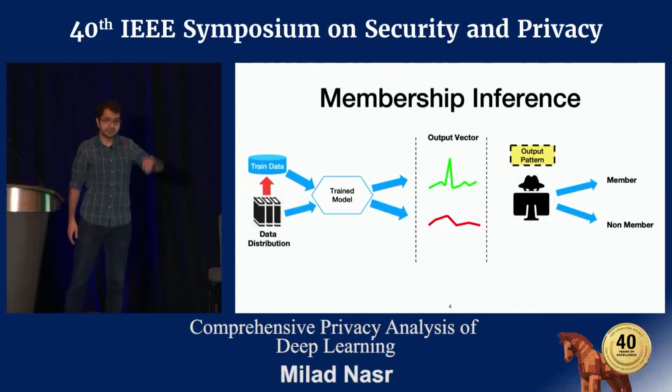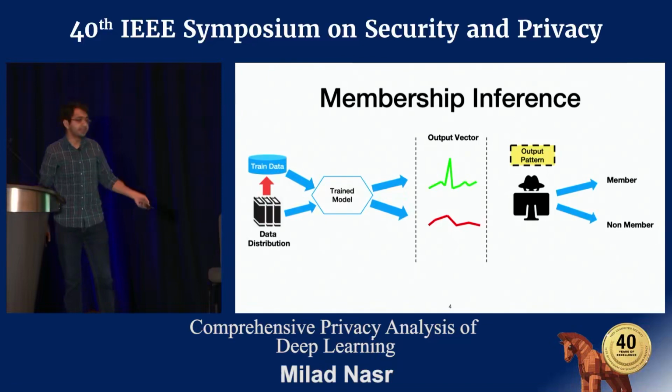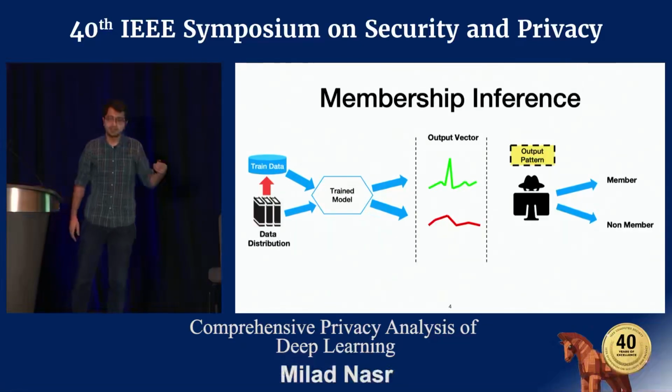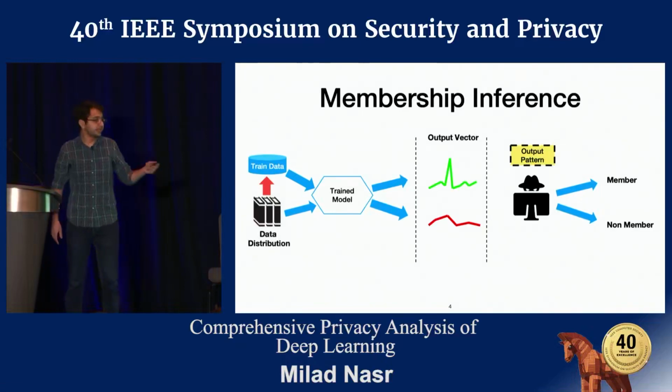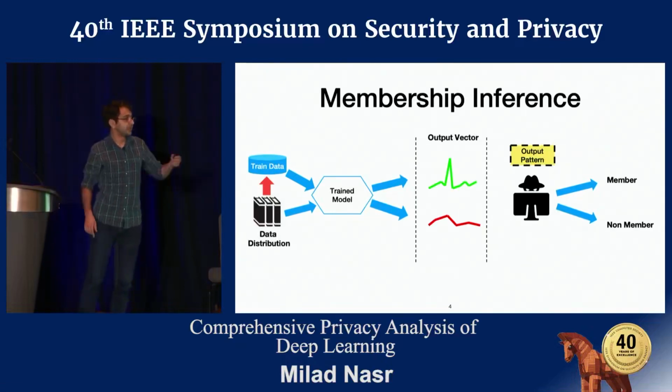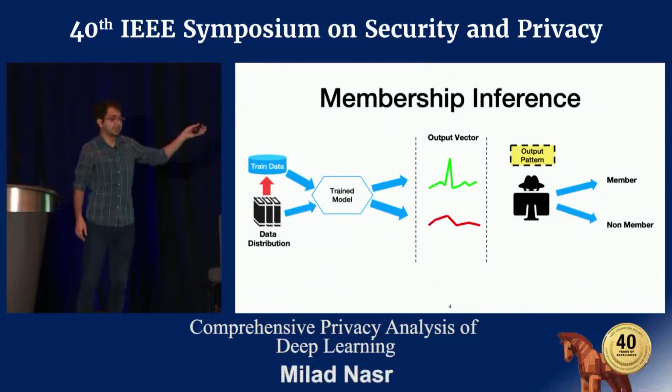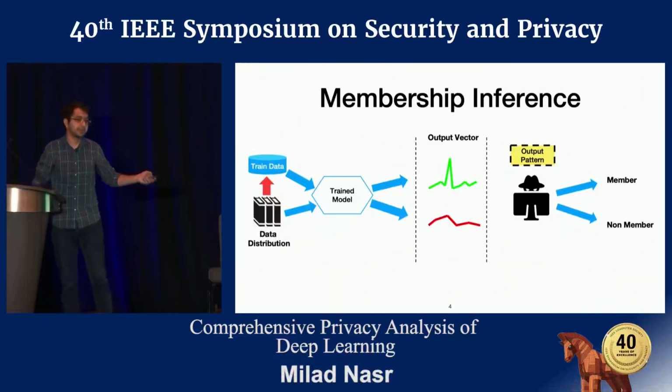This difference in the output vector allows an attacker to launch an attack and identify if some specific instance was used in the training or not. We call a sample which was part of training a member sample, and if it wasn't part of training, it's a non-member sample.